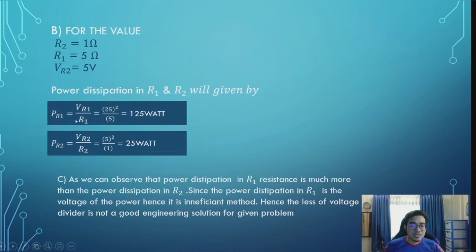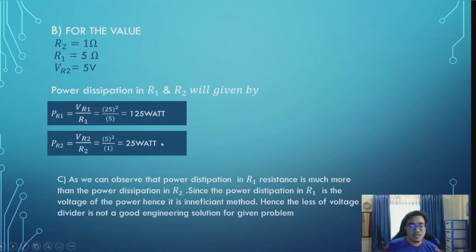I use the power formula, P = V squared over R. I calculate this, and I got PR1 equal to 125 watt. And then for PR2 I use the same formula as for PR1, and I got PR2 is 25 watt.